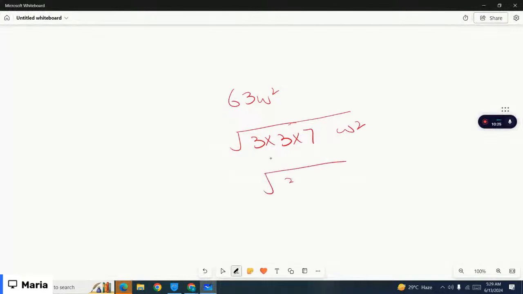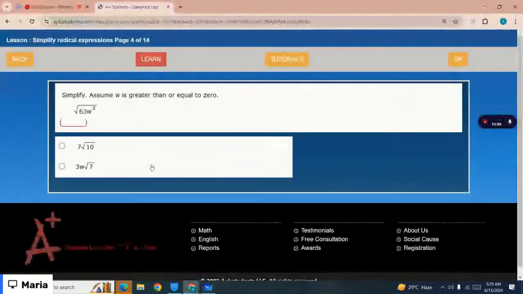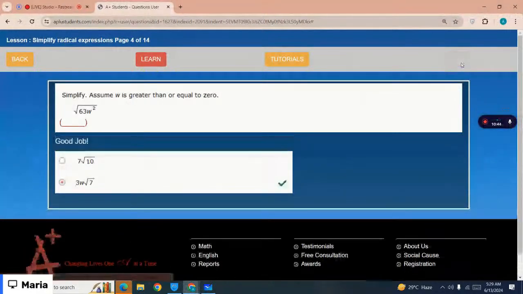Then you can write it as 3 squared w squared times square root 7. The square and square root cancel out. You are left with 3w and square root 7. The correct option is 3 square root 7 w. Option number 2 is the correct option. 3w square root 7.